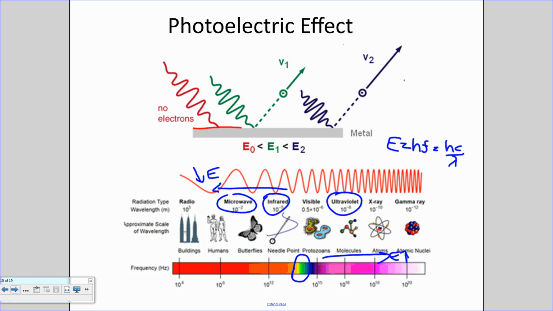Red light may not have enough energy to kick the electrons loose. I could keep shining and shining and shining, and nothing would happen. Doesn't matter how bright the light is, okay, because bright is number of photons, or number of electrons. It just matters how much energy. So green might kick one loose. But if you look at the difference in arrow sizes, blue kicks it loose with a faster velocity.